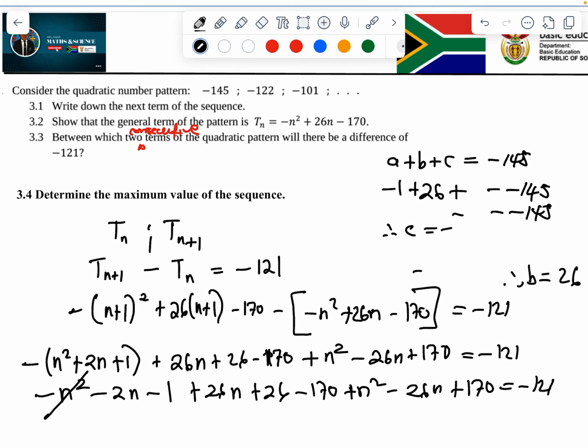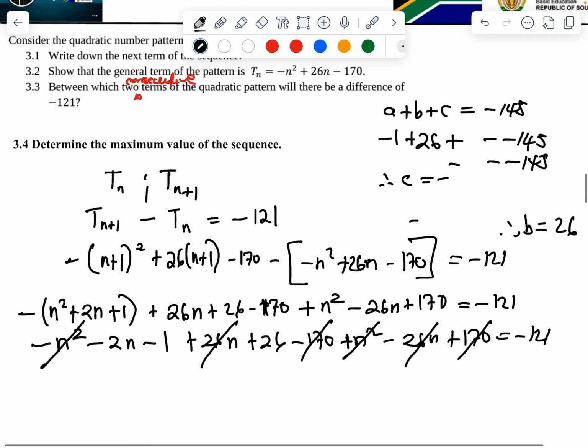Now this cancels with that, this 26n cancels with that 26n, and this negative 170 cancels with that 170. Then we are left with minus 2n, and I can transpose all the numbers to the right now.